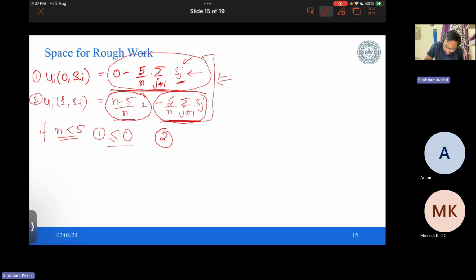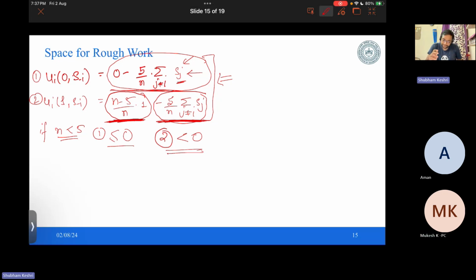So you see this term is 0, but this term is negative. So this is always less than 0. It will not be equal to 0, because this term is always negative. No matter what this value is, either 0 or negative, it doesn't matter. This term will always be negative. Therefore it is always less than 0.